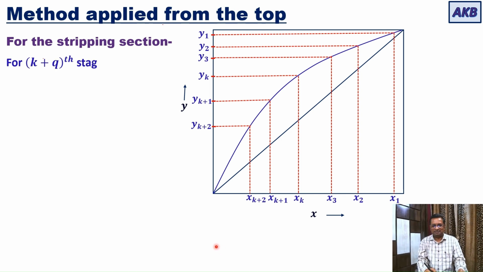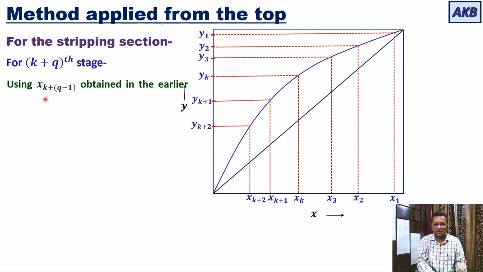So in general, if you go on doing this, K plus 1, K plus 2, K plus 3, in general, if you are doing it for the K plus qth stage, then for that you will need to use the previous value of x that was obtained in the previous step. And what is that value?